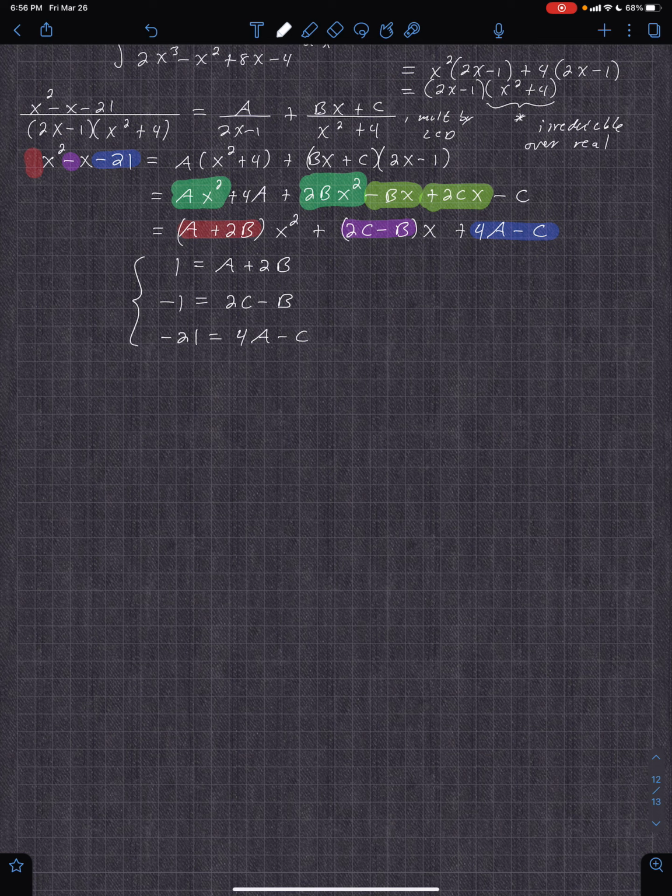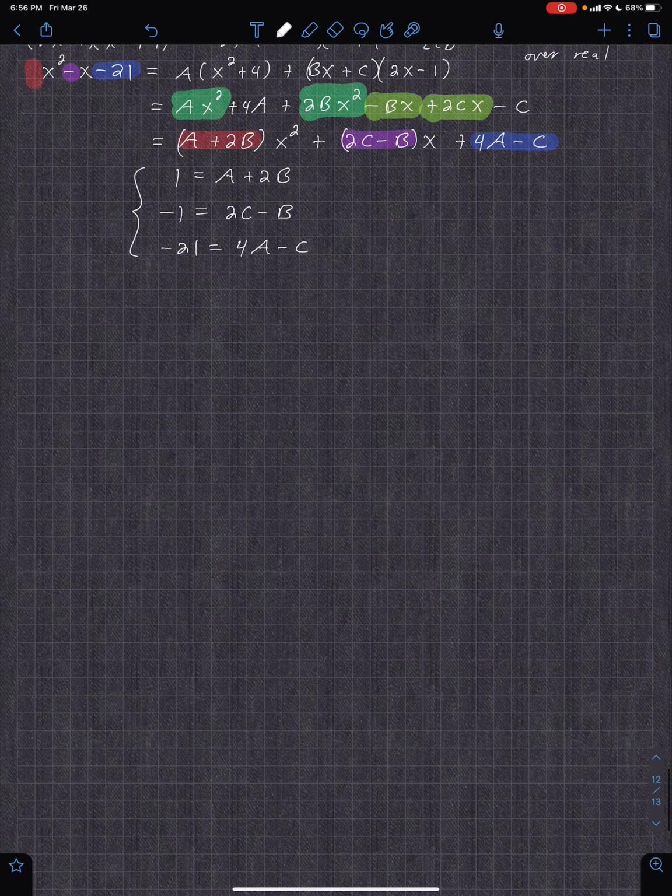And so you may want to write it like I would normally write a system of equations. A plus 2b, and then that's a plus 0c equal to 1. I'm going to put in placeholders just for fun. That's negative b plus 2c equal to negative 1.